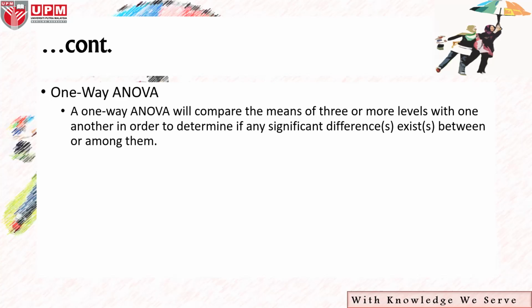Dia macam you all imagine cross tab, tapi dia ada lain sikit. Dr., ANOVA ni sampai berapa kita boleh buat? Sampai infinity. But for human logic, biasanya up to 3 only.